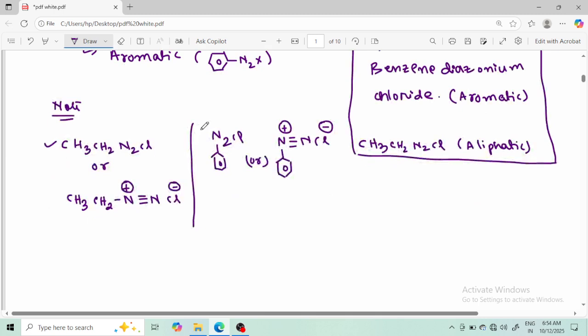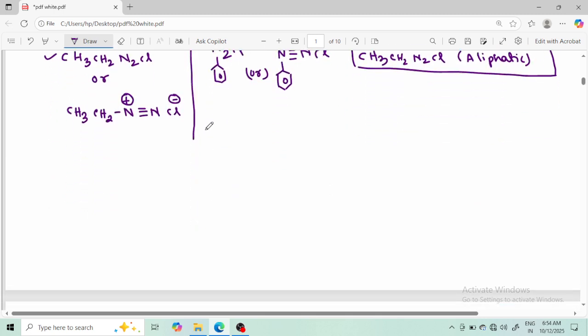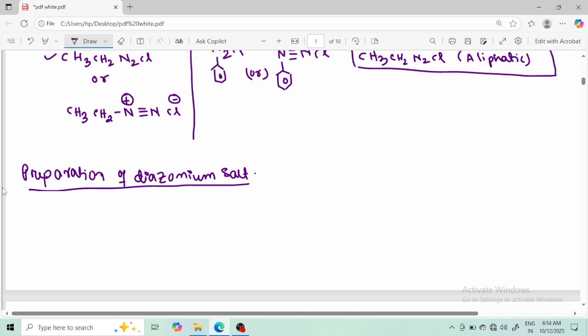Now we'll discuss preparation of diazonium salt. This preparation of diazonium salt we already did in the distinction reactions. Remember that nitrous acid test we did, that one.